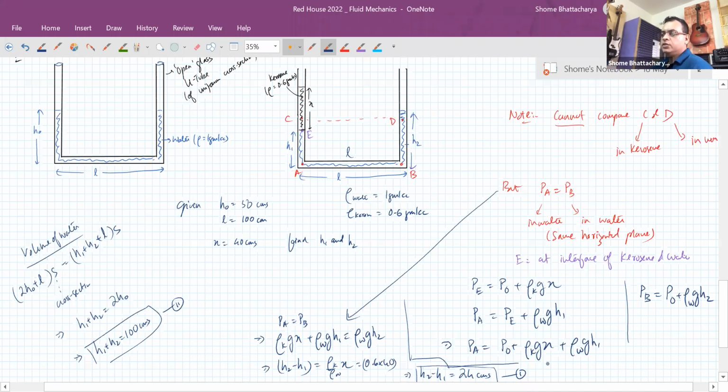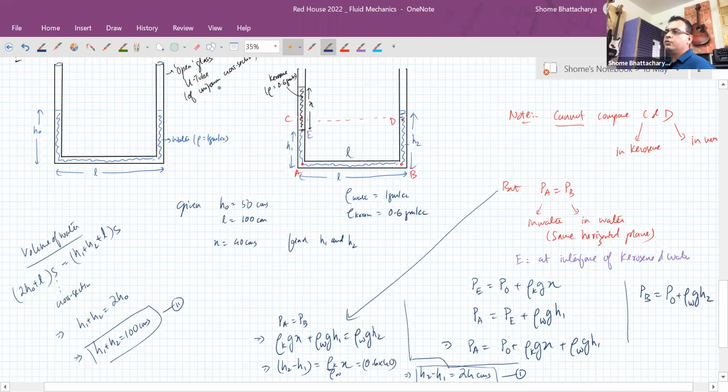So we could have, just by thinking of equivalence of kerosene with respect to water in terms of pressure gradient, made it an equivalent problem: instead of X equal to 40 for kerosene, take an equivalent amount of water, but that equivalent amount of water would have a level of 24 centimeters. So we added 24 centimeters from this side, it would balance out on both sides. So H2 would have become 50 plus 12, or 62.